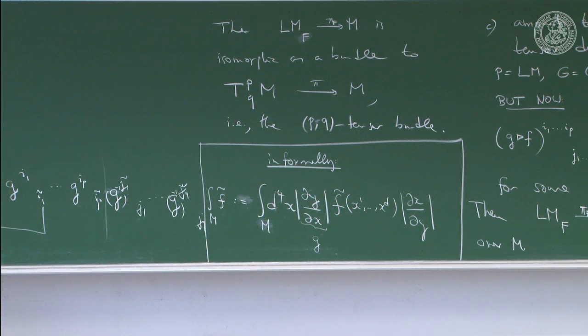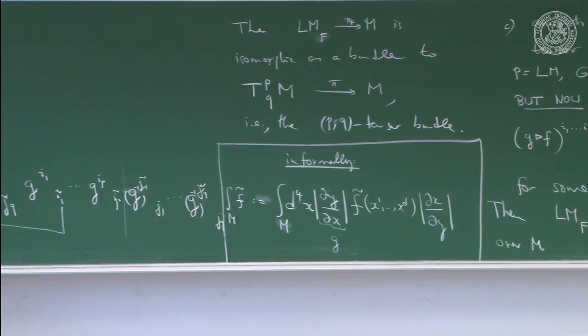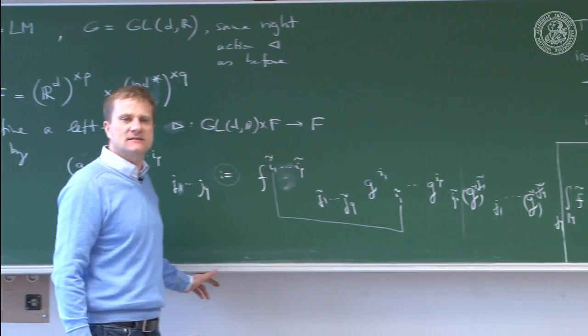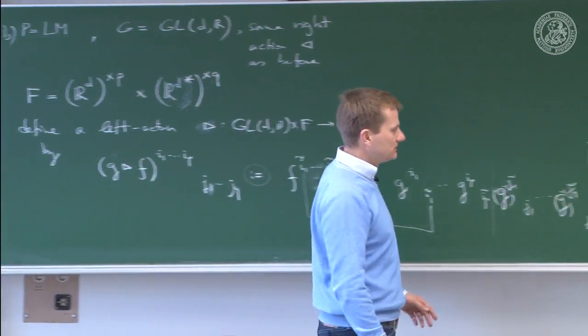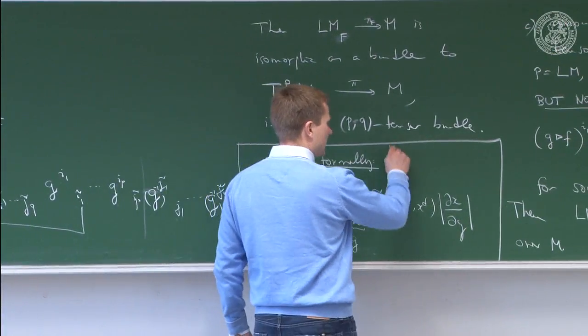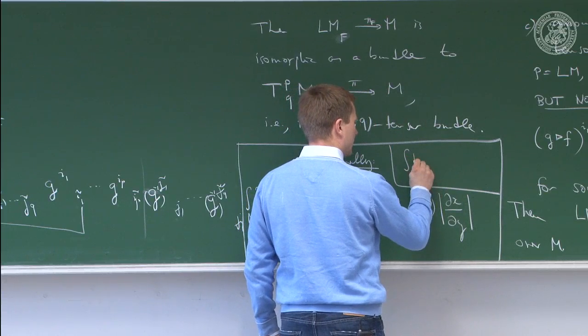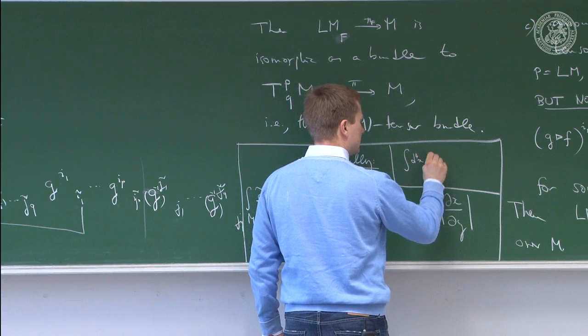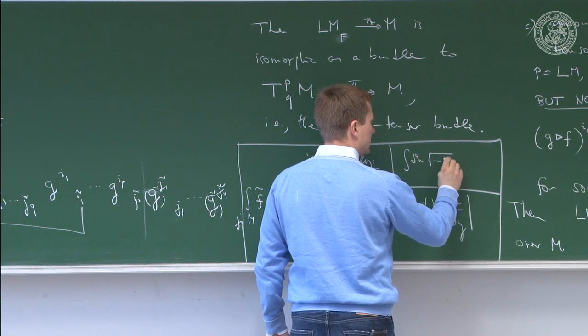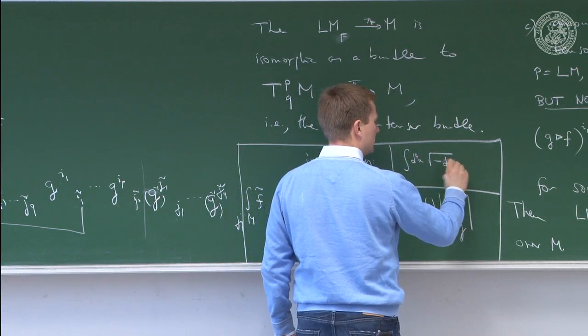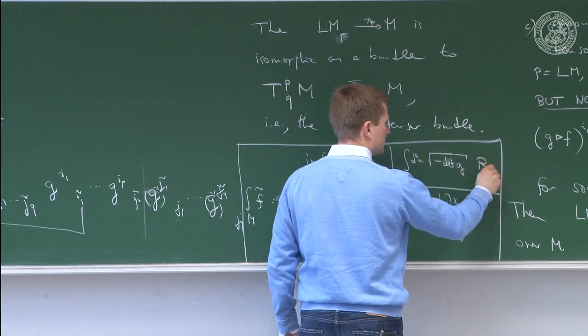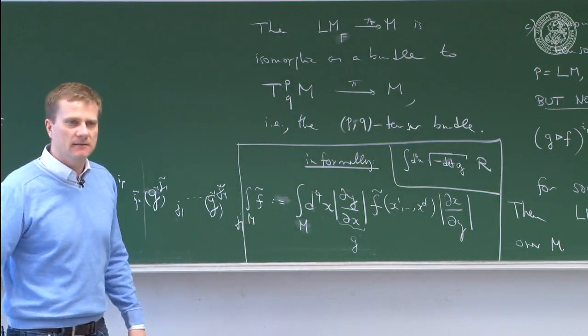So this appears everywhere where you integrate over a manifold, push it to a chart, but in order to have something well defined, you need to understand densities. It's the same thing if you think of general relativity. I don't know whether you attended that lecture, but if you write down the Einstein action, you write something like the square root of det G times the Ricci scalar.